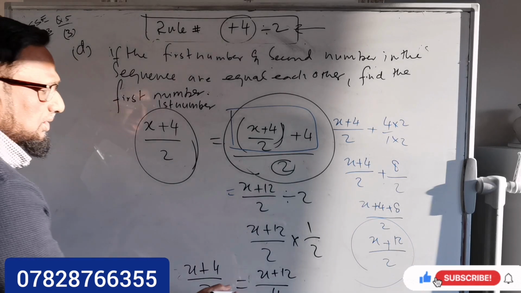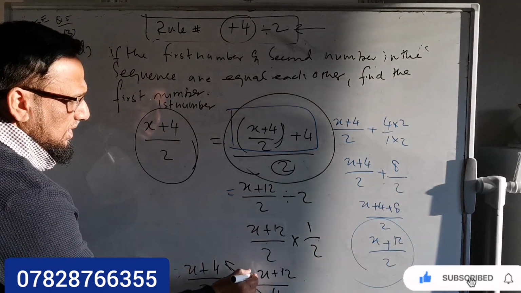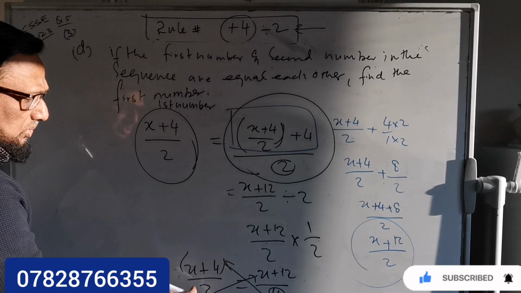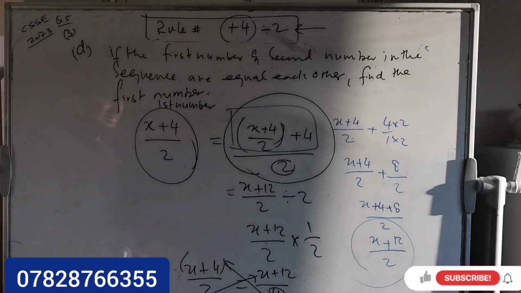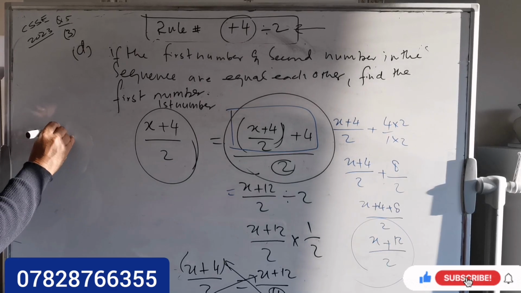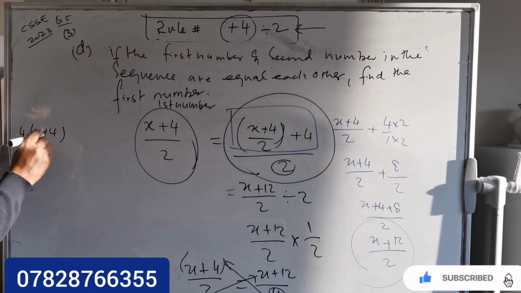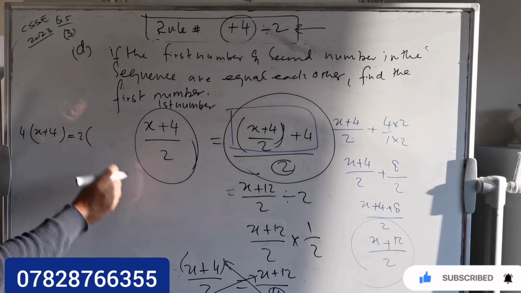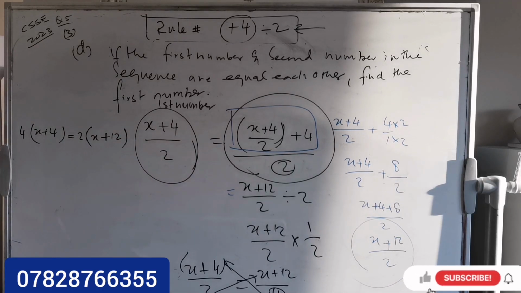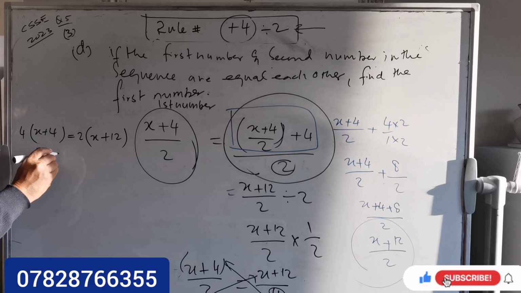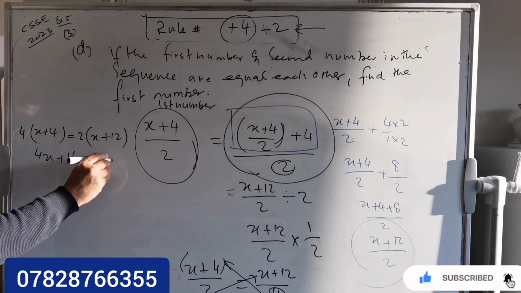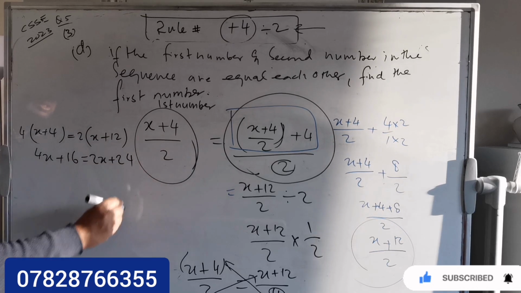And we go for cross multiplication. This 4 we multiply with this, and this 2 multiplies this. So x plus 4 times 4 equals 2 times x plus 12. 4 times x is 4x, 4 times 4 is 16, 2x, and 12 times 2 is 24.